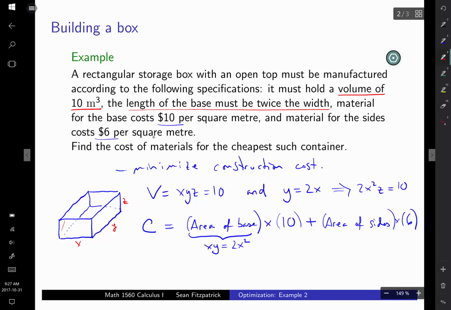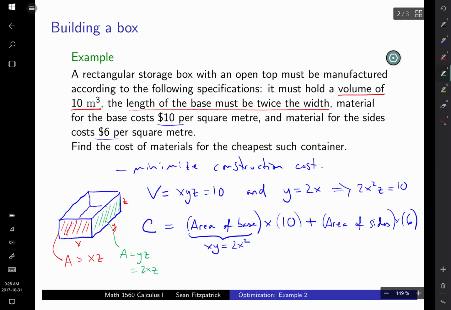So this side, there's two sides like this, and this side has area, so the base is x, the height is z, area is x times z, and this side has area yz, which is 2 times x times z.